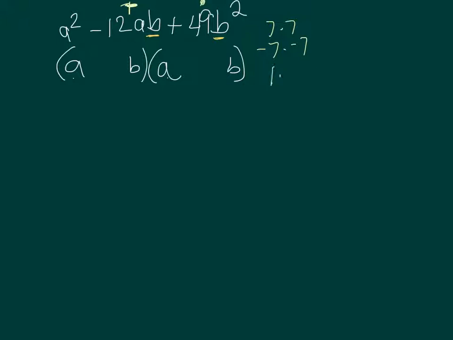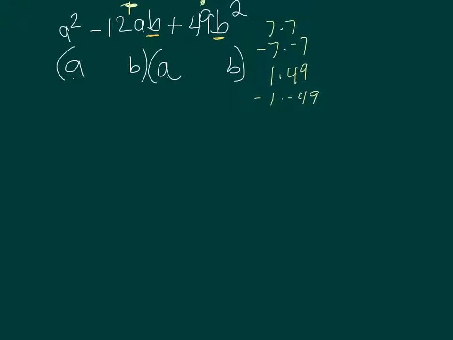I know that 1 times 49 will give me 49, and negative 1 times negative 49 will give me 49. Let's see, 7 times 7, negative 7 times negative 7, 1 times 49, negative 1 times negative 49.